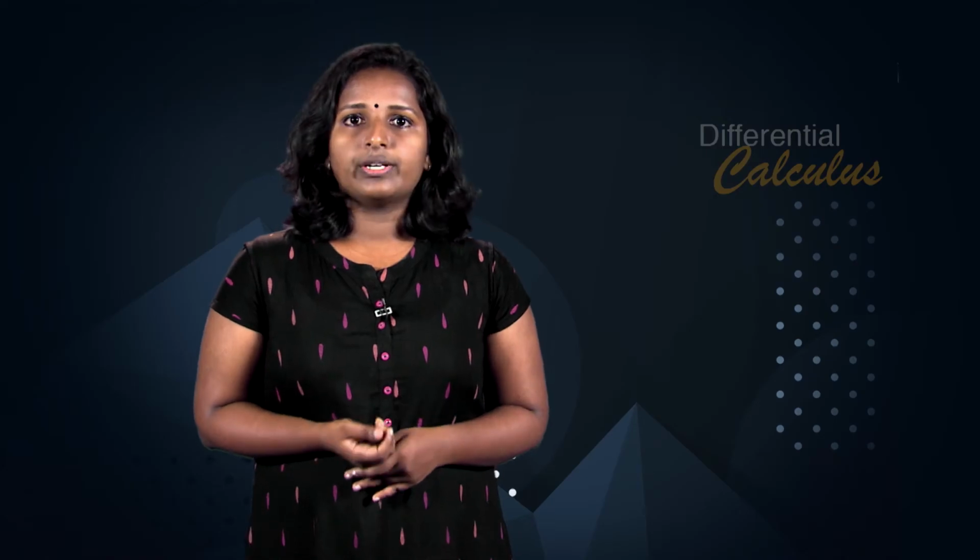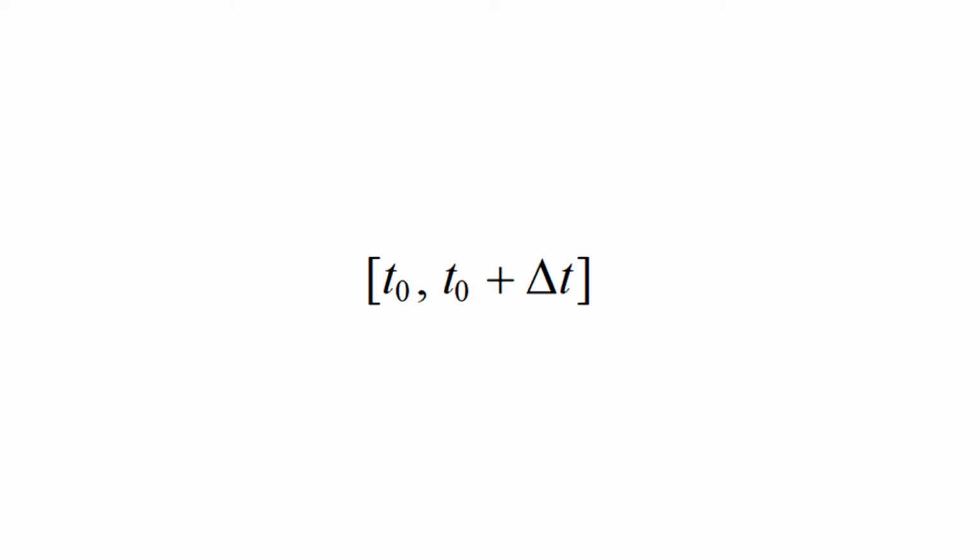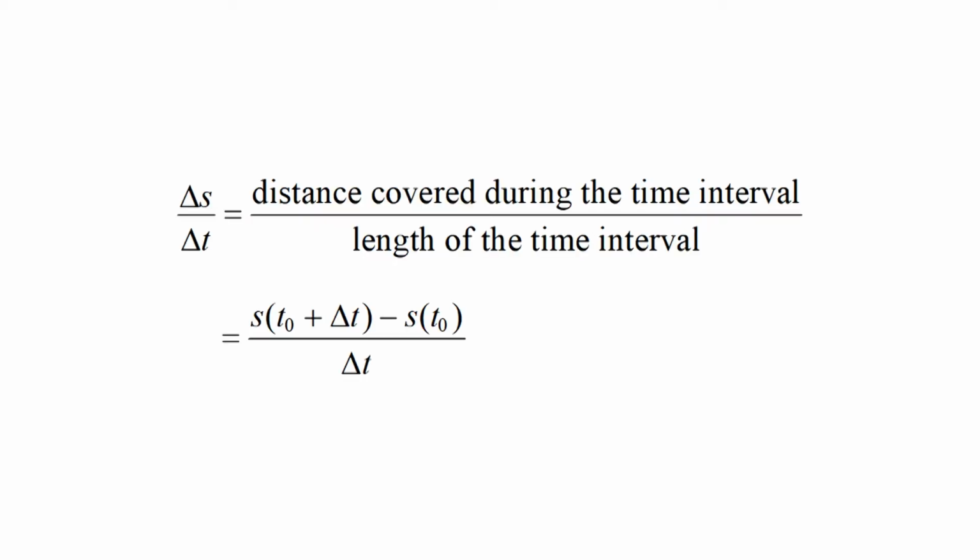Thus, the average speed over the time interval [t0, t0 + Δt] is given by Δs upon Δt, equal to distance covered during the time interval upon length of the time interval, equal to s(t0 + Δt) minus s(t0) upon Δt.